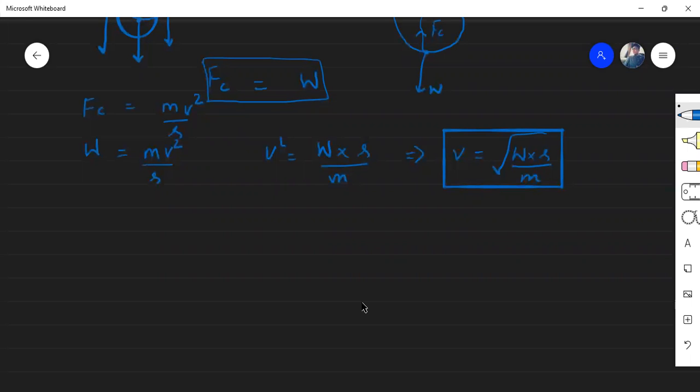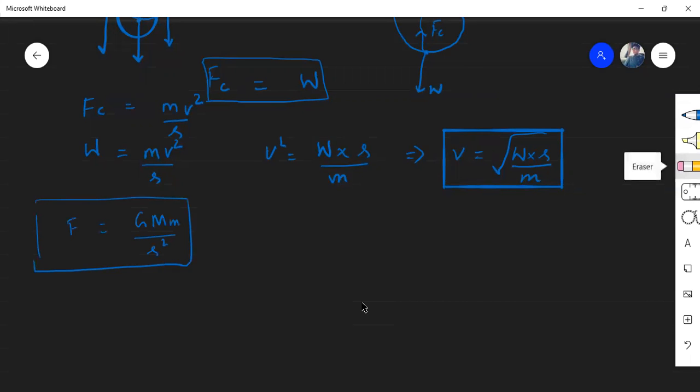So this question, the satellite question, actually uses the concept of gravitational force, which is G m m divided by r squared. Have you seen this formula before? No. Okay. So we need to study this topic before we solve this question, so you can actually understand the formulation and everything.